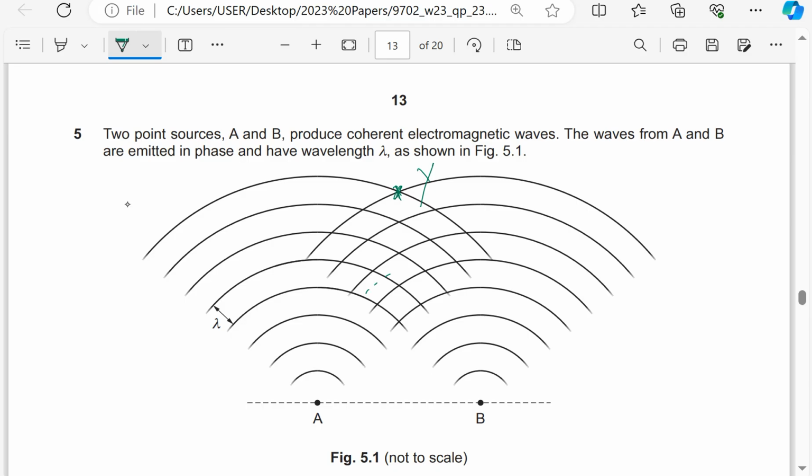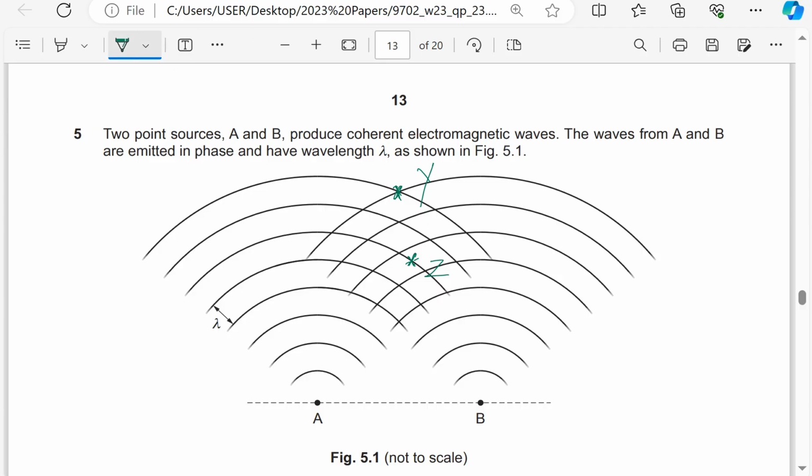When I draw a line in the middle of these two, this line represents a trough. Somewhere in between, where a crest is meeting a trough, is going to be point Z. I'm going to remove the dotted line because it just shows that there's a trough in between. So that is point Z.